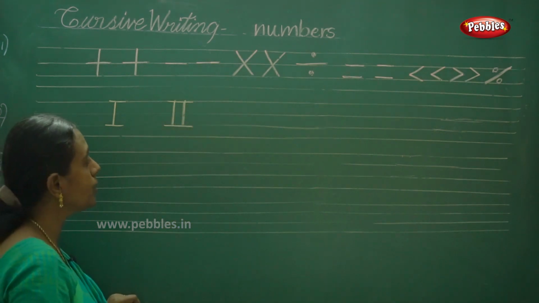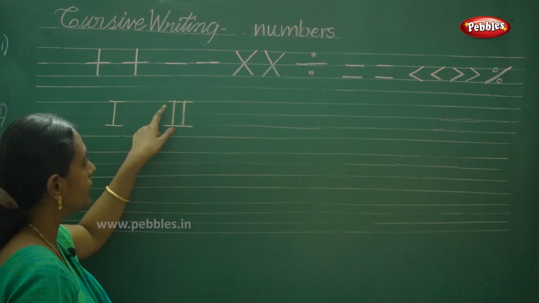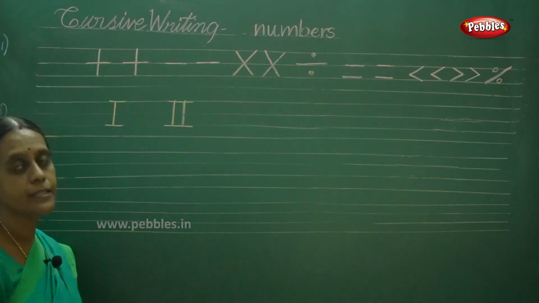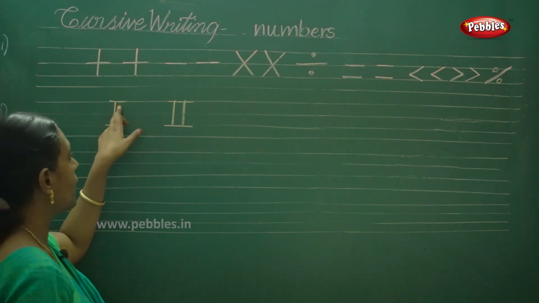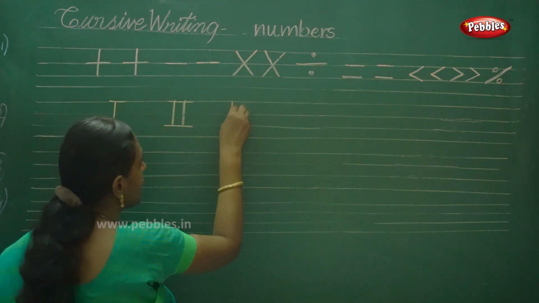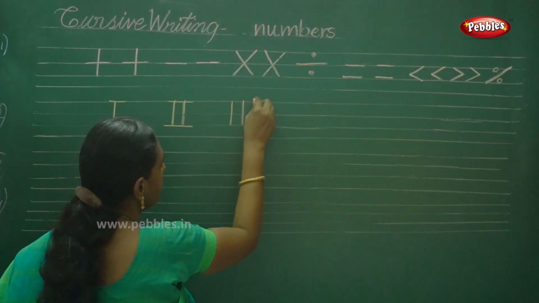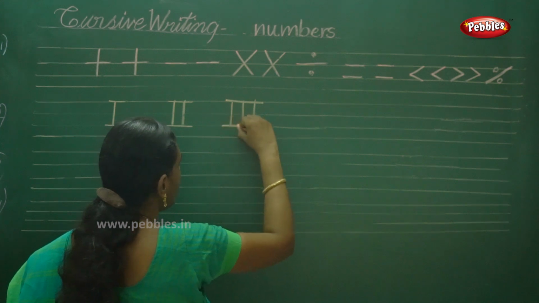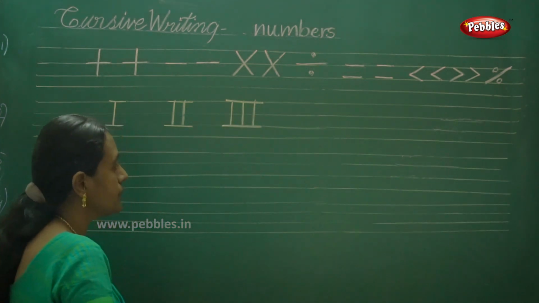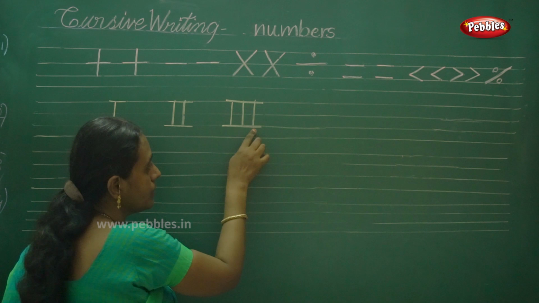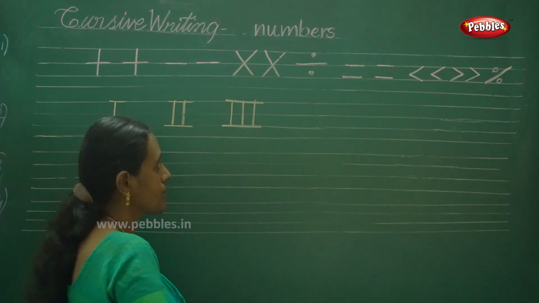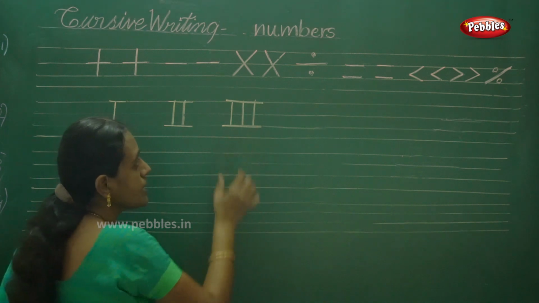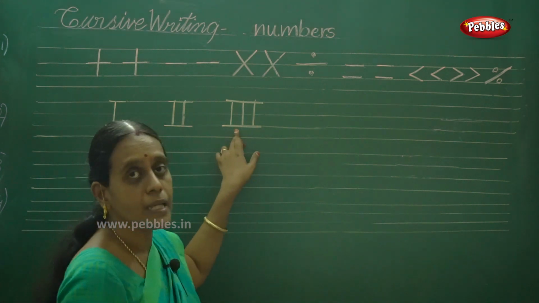Here also you should observe the upper line and lower line equal in length. Follow this 1, 2, and next one is 3: straight lines and 1 steeping long line that should extend a little bit far from the end of the last line. Draw from this to this in equal size when you complete the 3 lines.